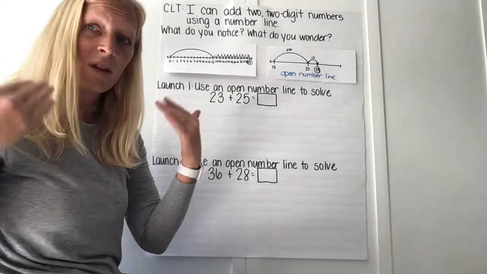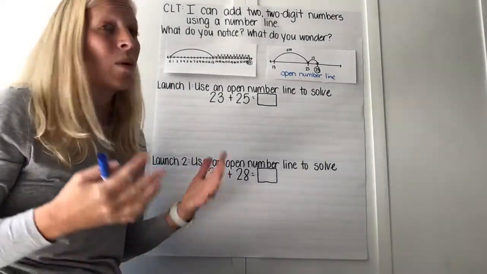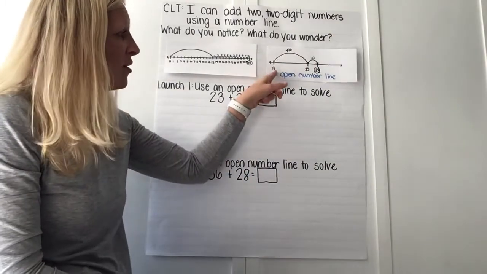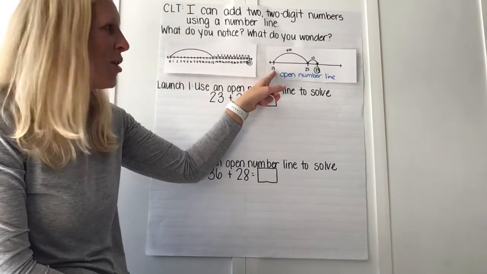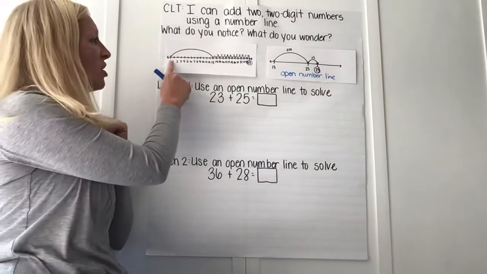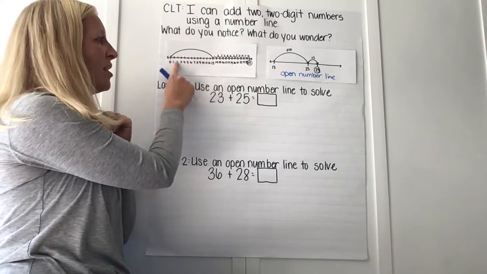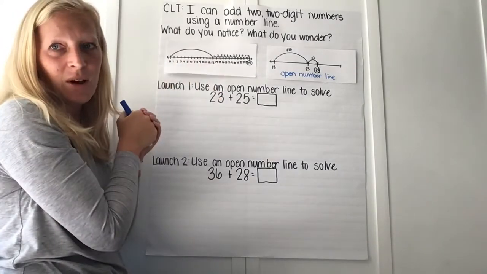So when we use an open number line, we have to understand something really important. We have to understand that even though we're starting at the number 13, we still know that this 13 has lots of numbers before that. Just like this one. We didn't do anything with these numbers before 13 on this one, right?